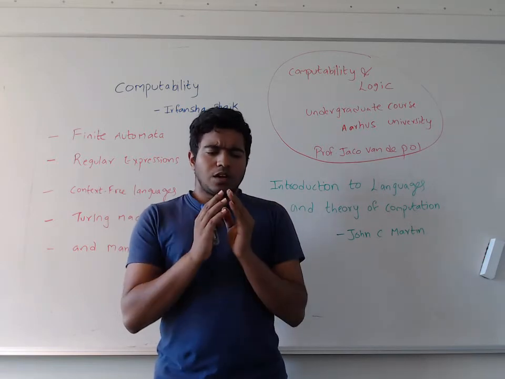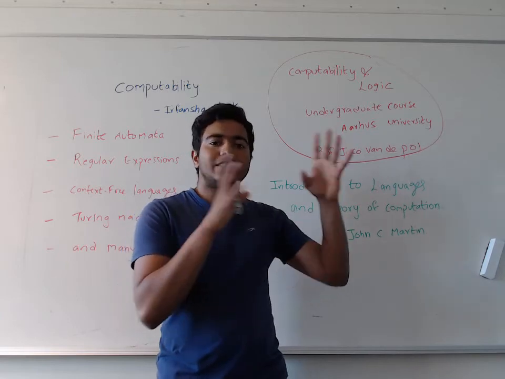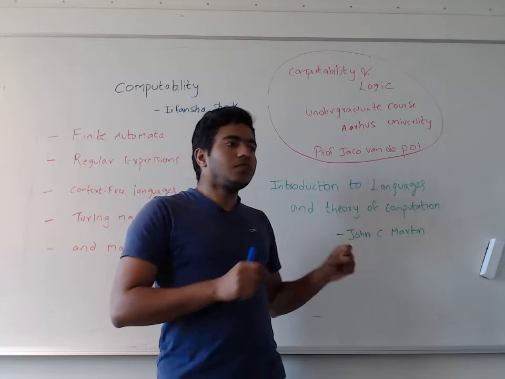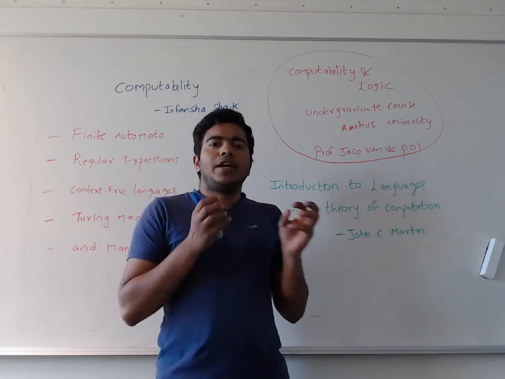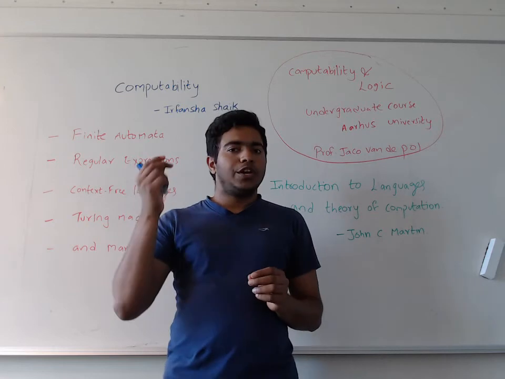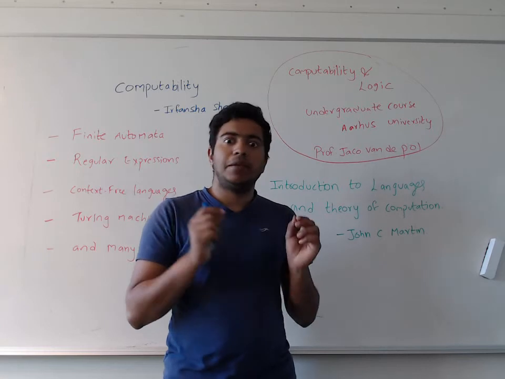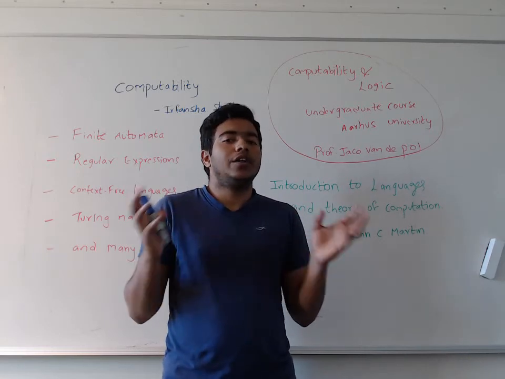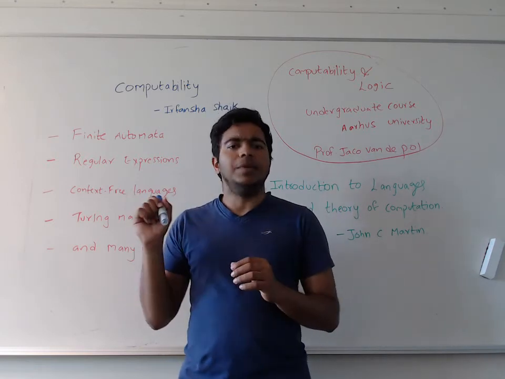So what we do in computability is generate some classes. Let's say all these problems will take polynomial time, all these problems will take polynomial space. By doing so, if you ever encounter a new problem and you know which class it falls under, let's say NP-complete, then you approximately know how hard the problem is. That is the idea in computability.